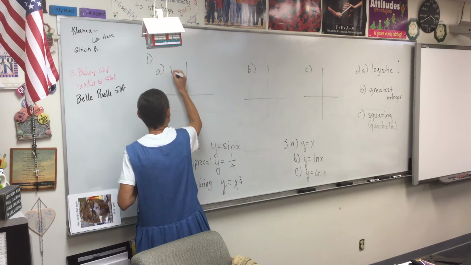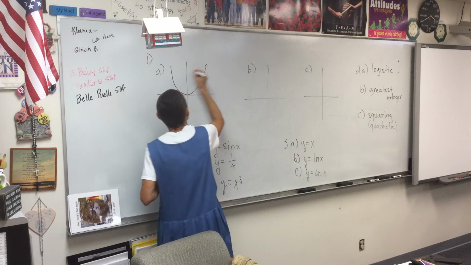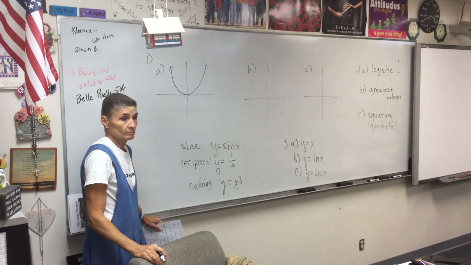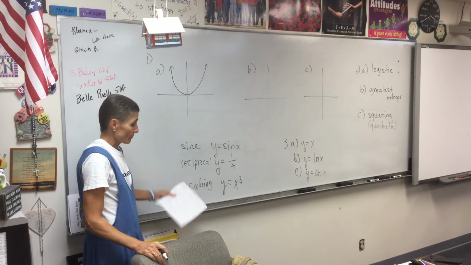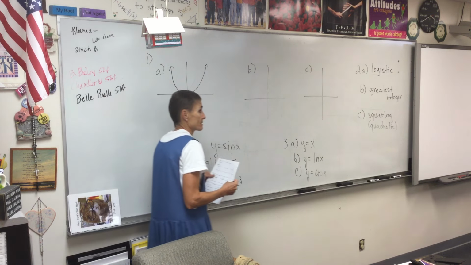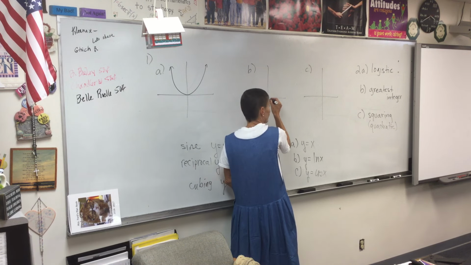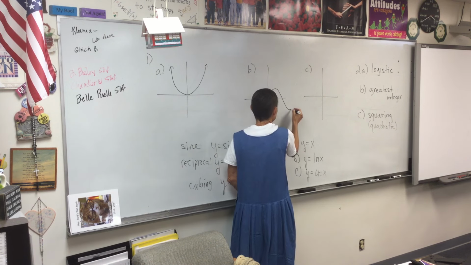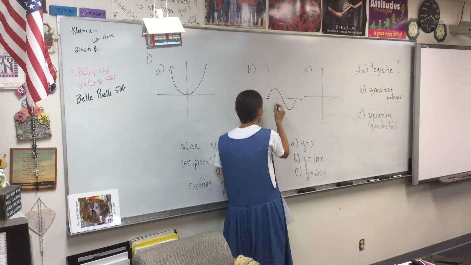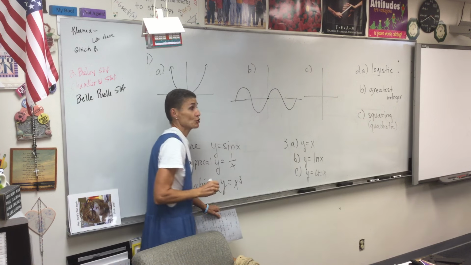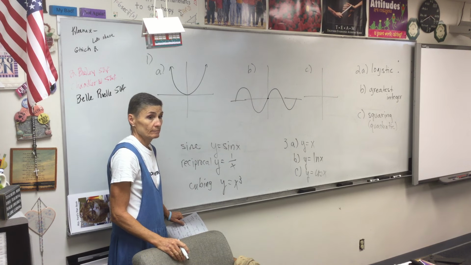That's right, Megan. Here it is. That's your parabola. Sine x. What does sine x look like? It starts at the origin and has a hill and a valley, and a valley and a hill this way, right? That's your sine function.